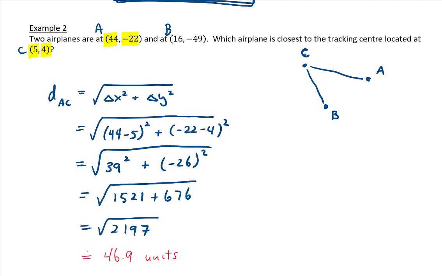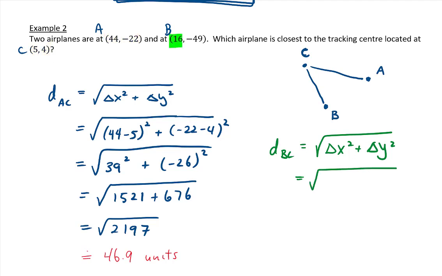Now let's determine the distance from point B to point C. So distance from B to C. Again, the formula is delta x squared plus delta y squared. So let's take the delta x's. This time we're doing 16 minus 5 for delta x.